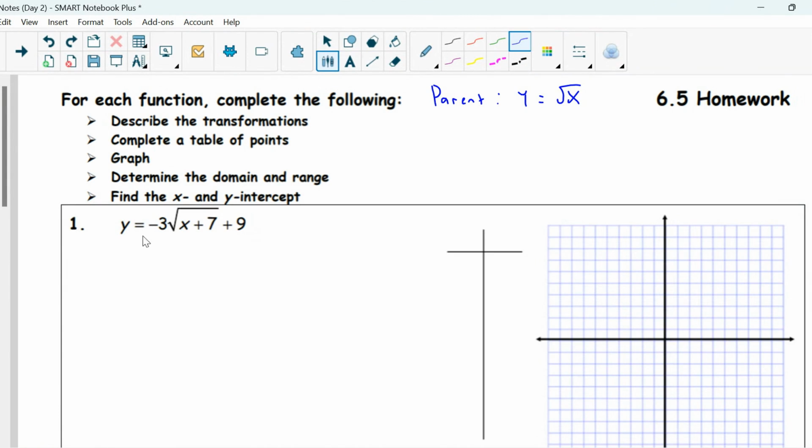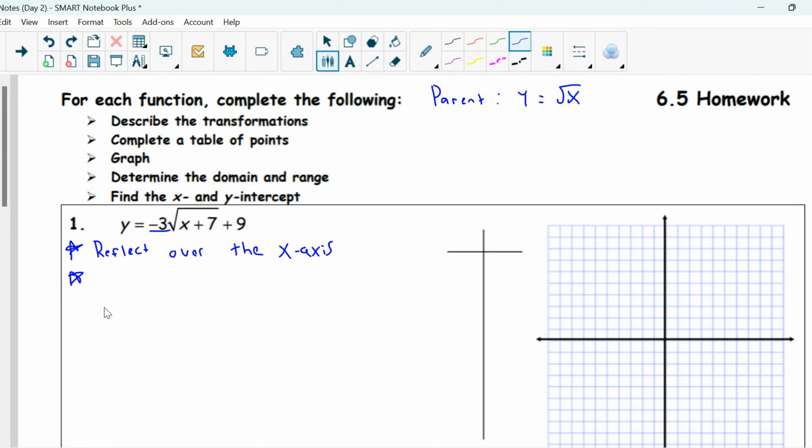The first transformation I'm going to describe is my a value, which is negative 3. Anytime you have a negative a value, it's important to state that you are going to reflect over the x-axis.